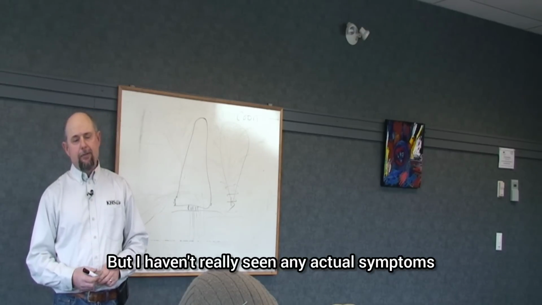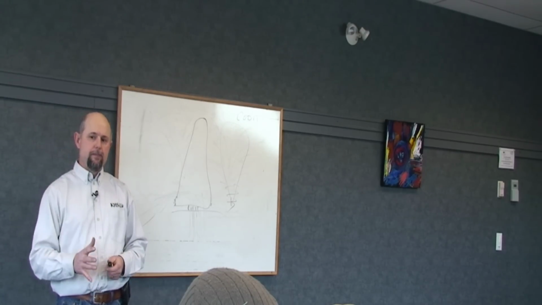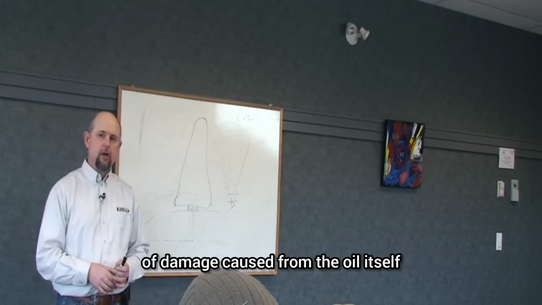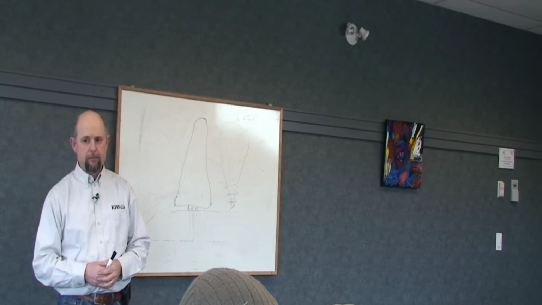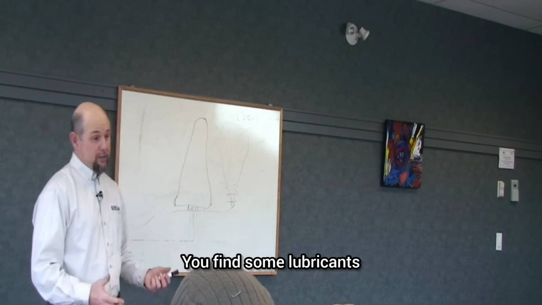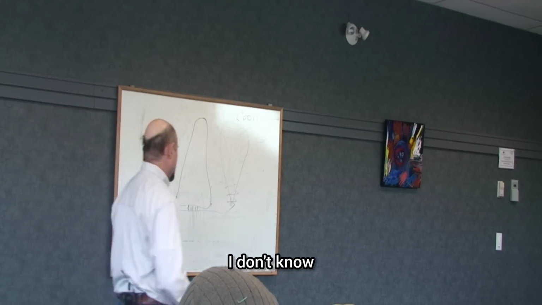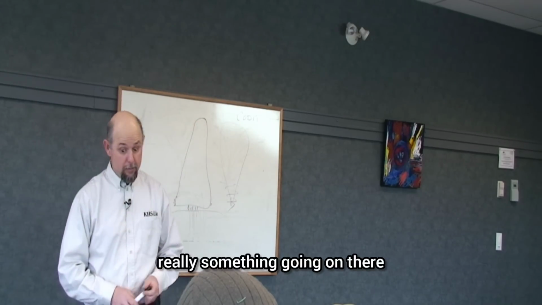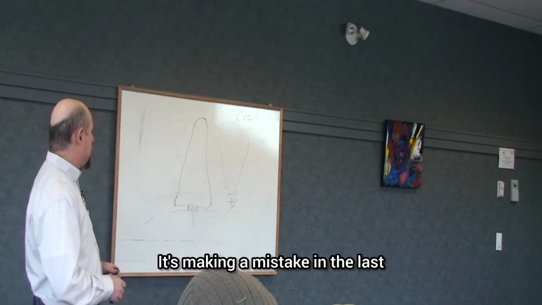But I haven't really seen any actual symptoms of damage caused from the oil itself. Okay. But there are some pretty crazy chemicals in some lubricants, and why do they last so long? I don't know. But there's something going on there that's making them stick and last.